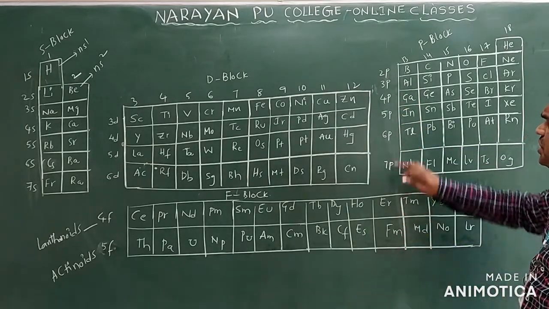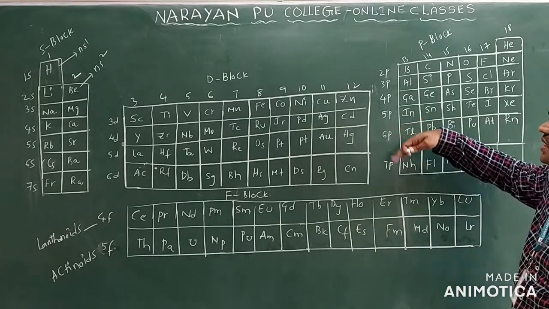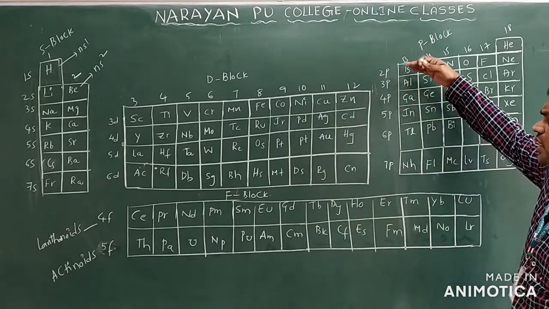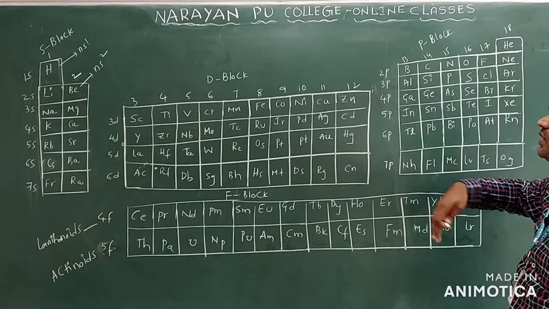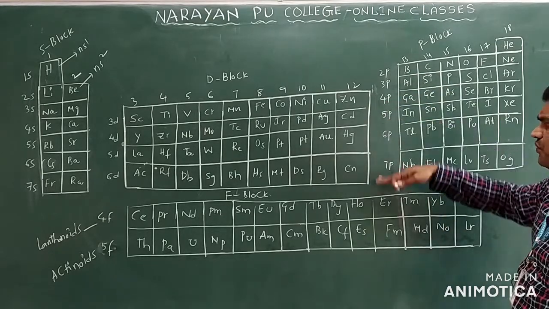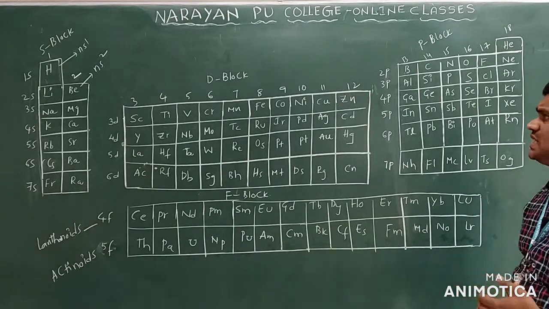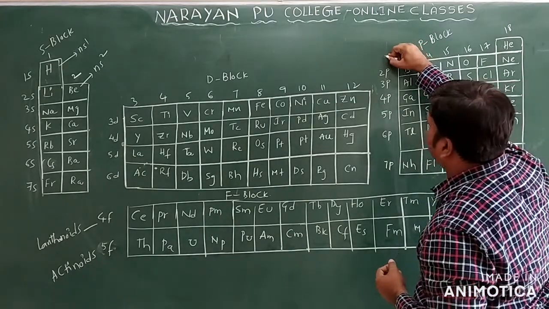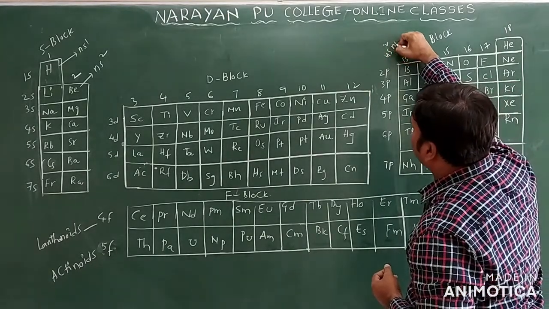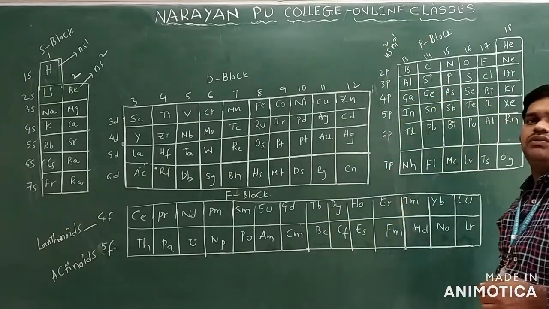From boron to nihonium, in each element we are adding one shell: 2p, 3p, 4p, 5p, 6p. What is the valence shell electronic configuration for this group? We write ns2 np1.